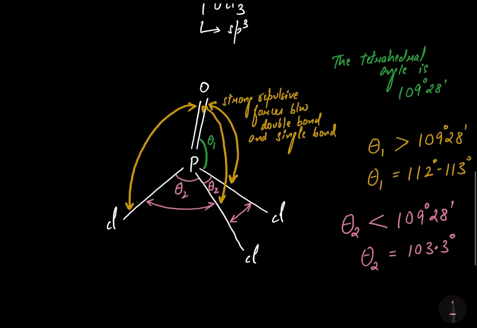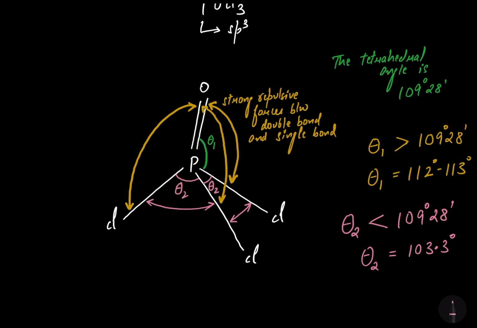I'm repeating it again. As you can see the geometry of POCl3 in 3 dimensions, just try to imagine it. Then you will realize that the P double bond O is repelling all the P single bond Cl strongly, due to which the value of theta 1 will exceed the standard angle of 109 degrees and 28 minutes, and the value of theta 2 will decrease from it.